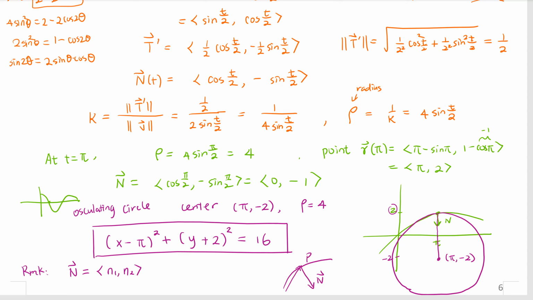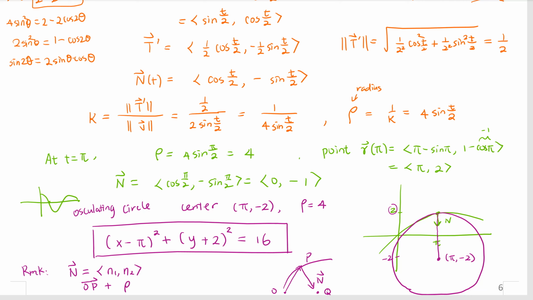how do you find the center? How do you find the center? Okay, let's say the center is C or Q. Let's use Q because C looks like the curve. And how do you find the center? You can see here, let's say here is the origin O. You know OP plus, in the direction of n, but you want the radius to be rho.